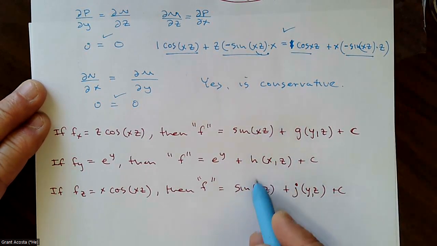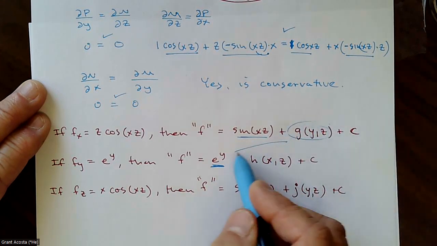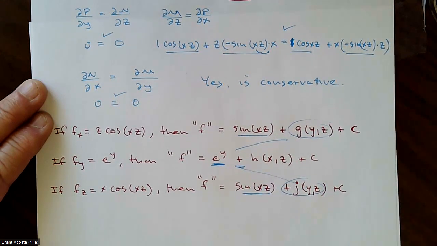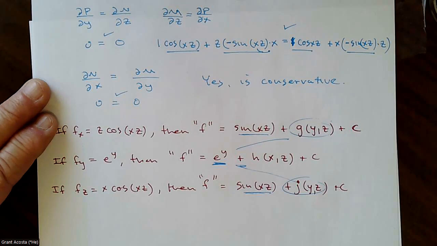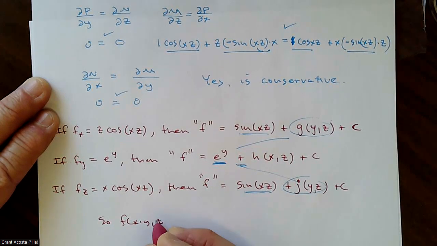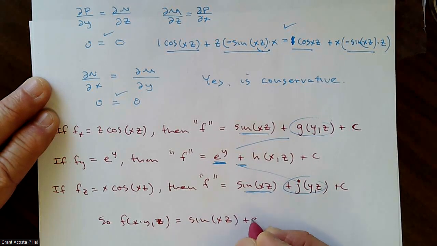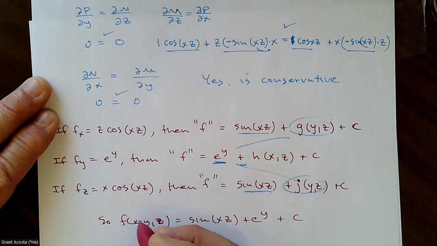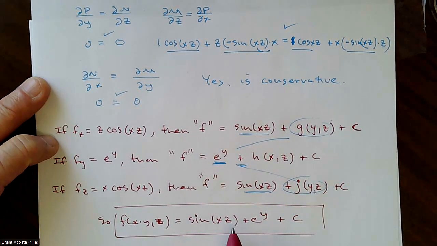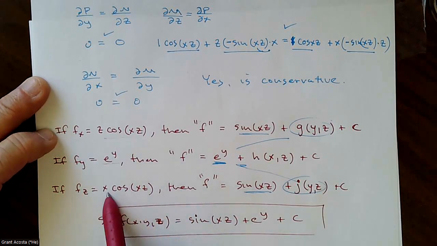Well, sine of xz showed up in both of these, so that's definitely part of my potential function, and so did e to the y. In fact, e to the y could be an explanation for that, right? That's a function of just y, and that could also explain this one right here. So then my potential function is sine of xz plus e to the y plus some constant. And again, if you want to prove that that's true, start taking your partial derivatives and you should get these answers.